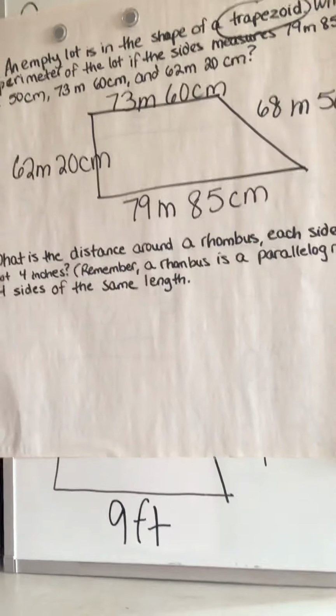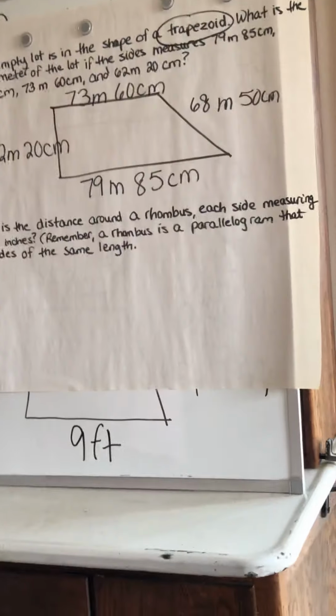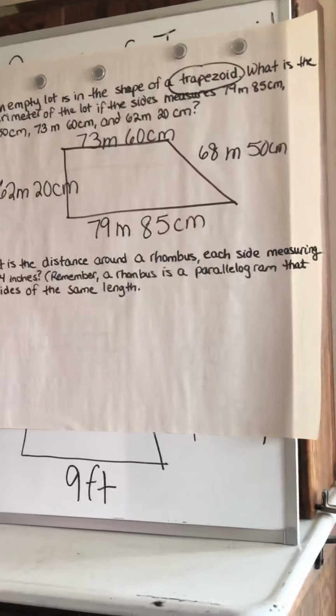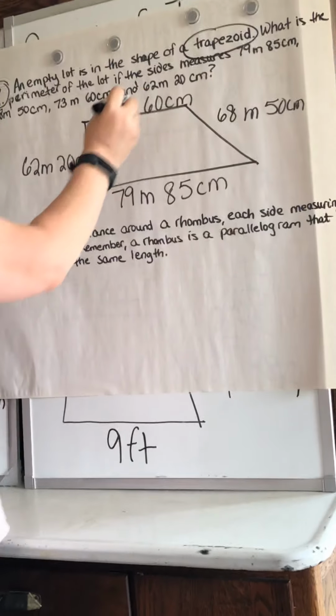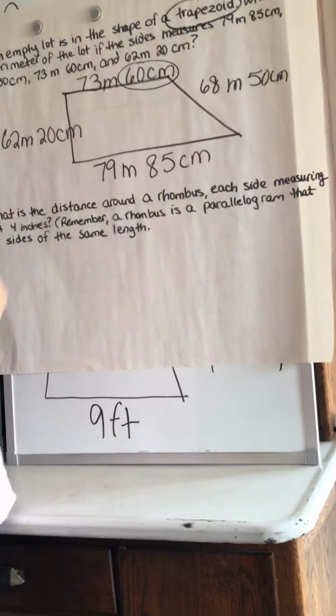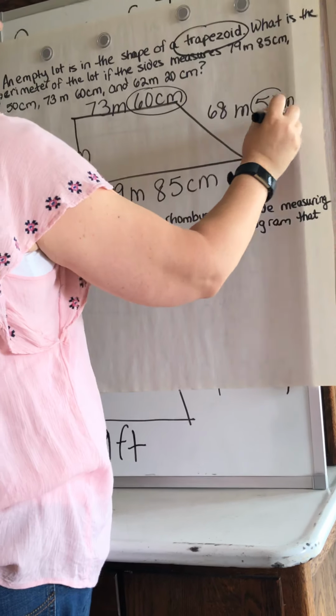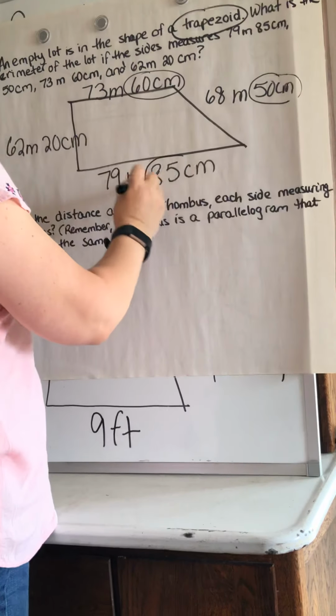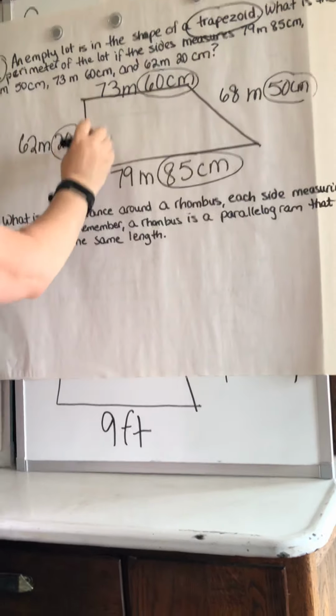All right, so what we could do is, if you want to take a calculator, or better yet, a pencil and paper, I want you to go ahead and add up 60 centimeters, 50 centimeters, 85 centimeters, and 20 centimeters. I'm going to give you just about 10 to 20 seconds to do that.